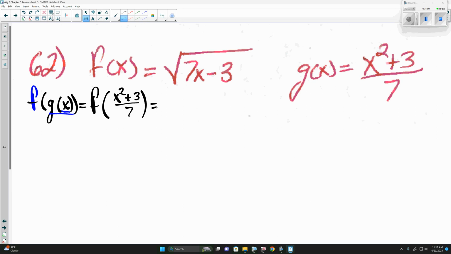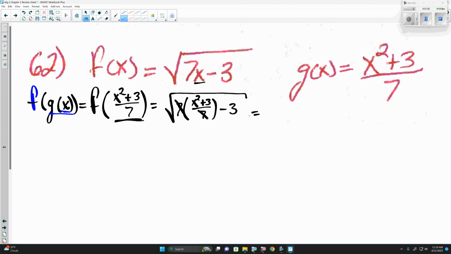Now at this point here, we're going to replace every x in f of x with our x squared plus 3 divided by 7. So we have the square root of 7 times x squared plus 3 over 7 minus 3. Now since we're multiplying that entire function or fraction by 7, these 7 and 7 will cancel.